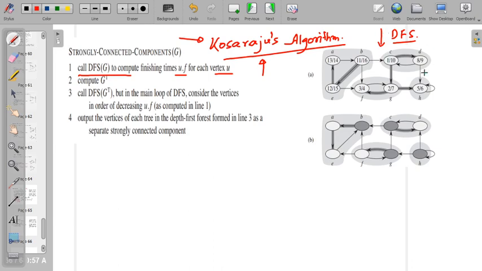So first I am running DFS, so maybe I can start with this, that is 1, and then it will be searching its neighbors, say this guy, and this is the start time 2, and then it will be going here.